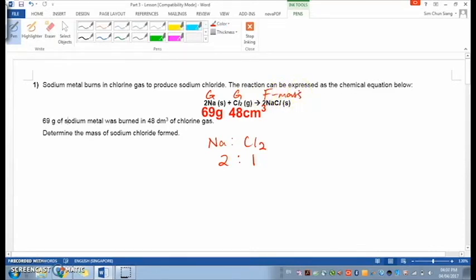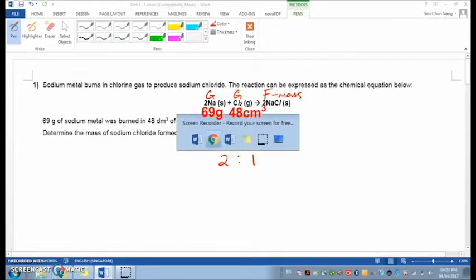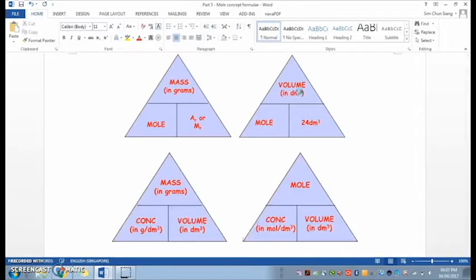So according to the 3-step approach that we learned before, the first step is to find the number of moles of what is given. To do that, I must recall the triangle from mole concept. Okay, so there are 4 different formulas for the mole concept.